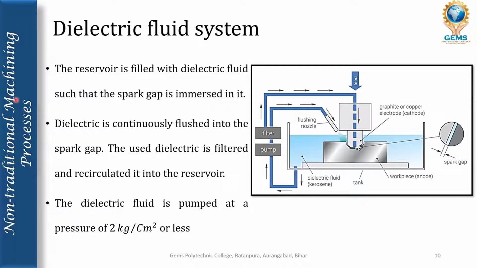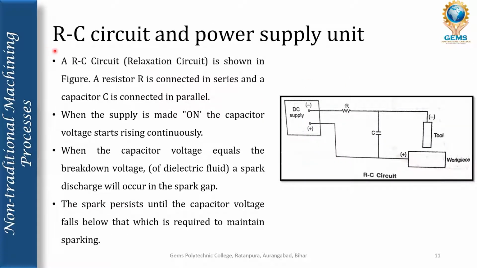Now let's see the RC circuit and power supply unit. An RC circuit, otherwise called a relaxation circuit, is shown in the figure. A resistor R is connected in series and a capacitor is connected in parallel.